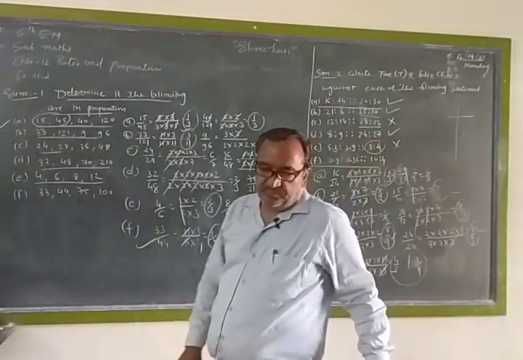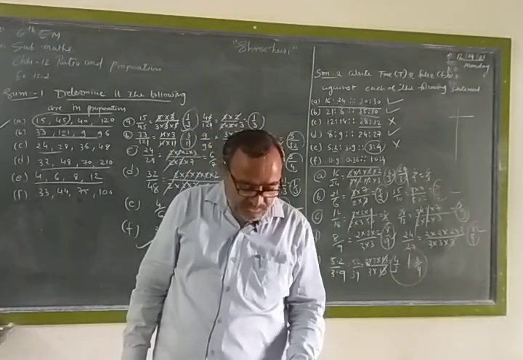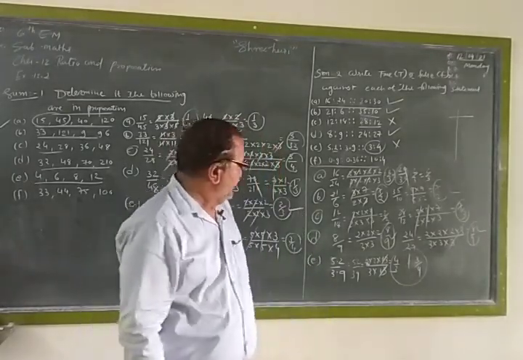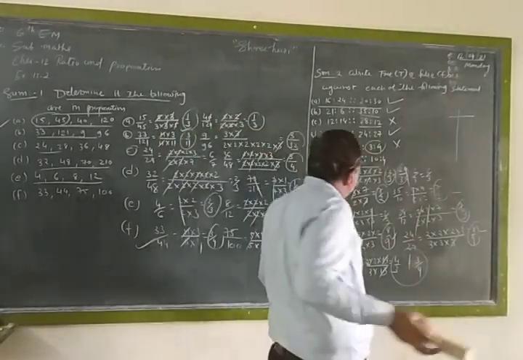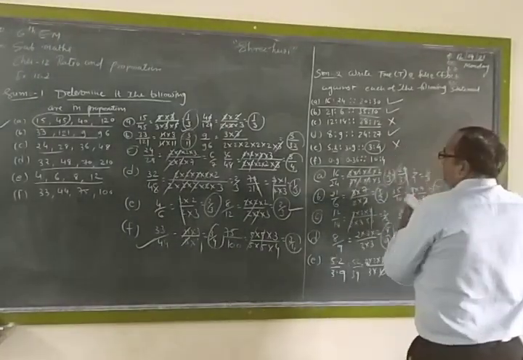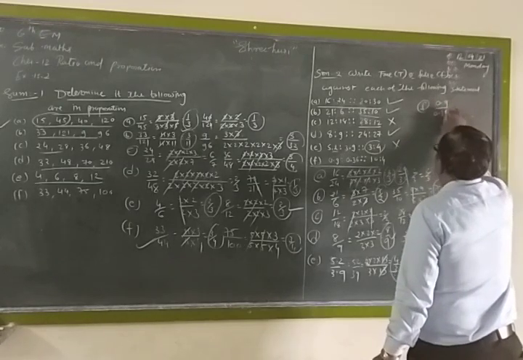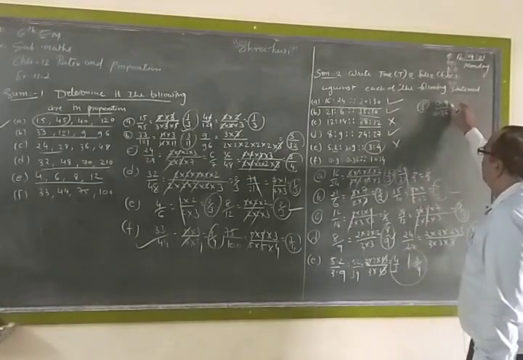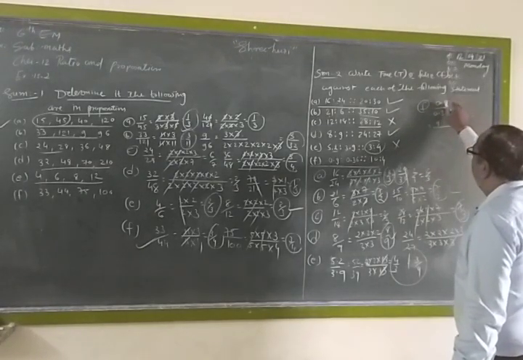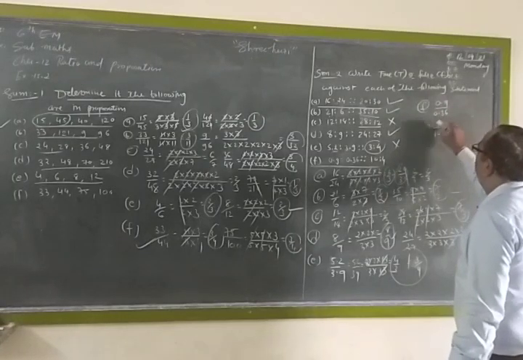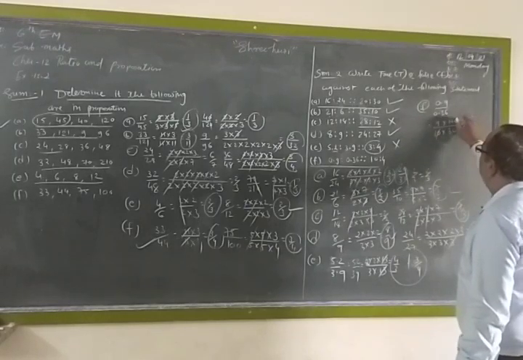Now last, F. 0.9 upon 0.36. Friends, look here. After the point there is 1 digit here and 2 digits there. So to remove the decimal point, put 10 under 9, and after 36 put 100. 0 0 cut.